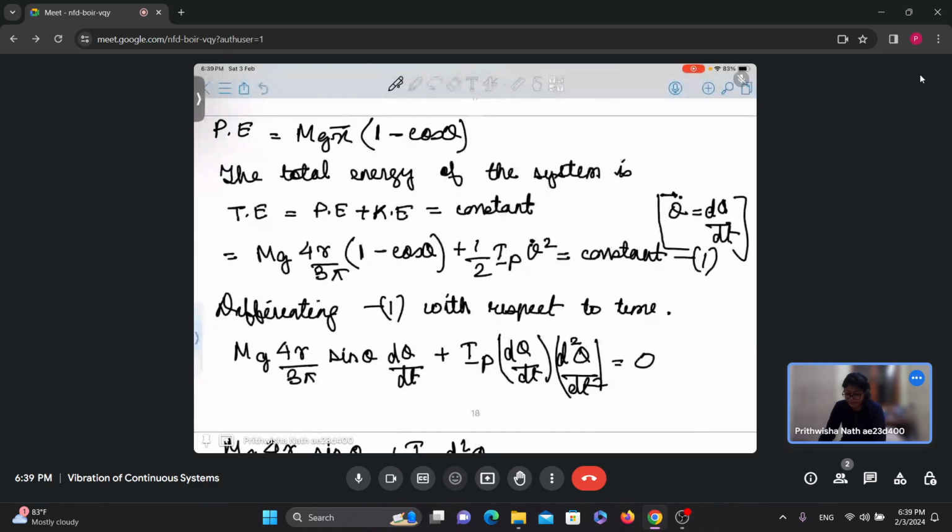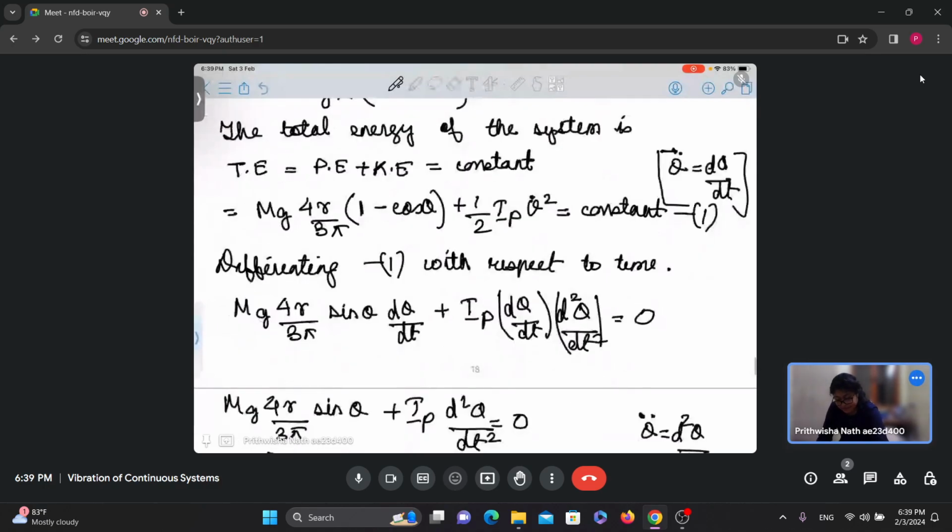So the first term can be written as mg into 4r by 3 pi into sine theta d theta by dt, plus the second term can be written as Ip. The 2 gets cancelled here, of course, with the half.